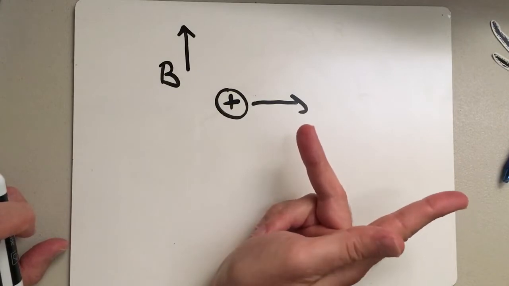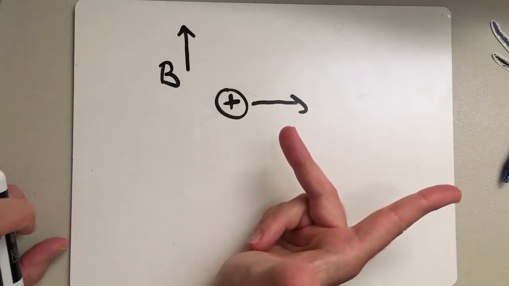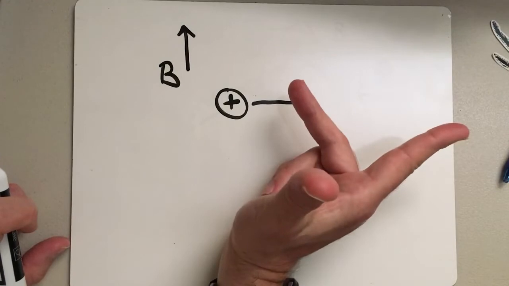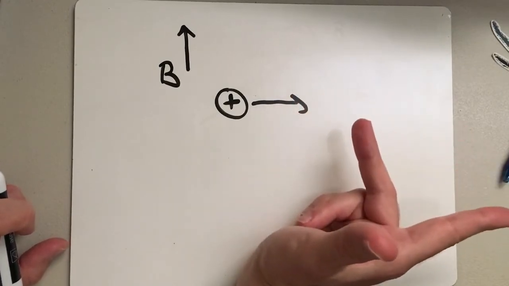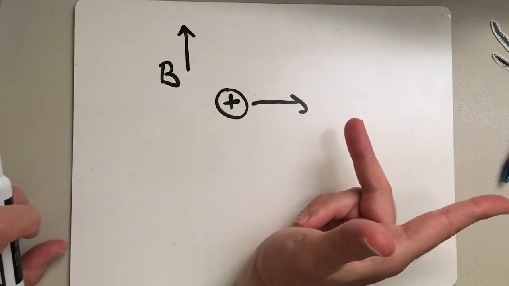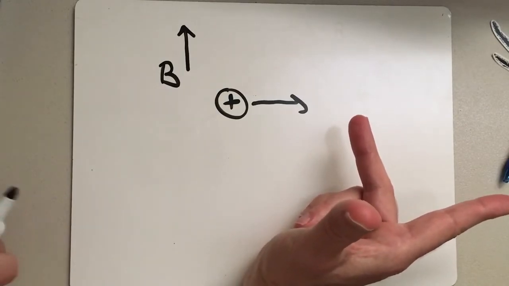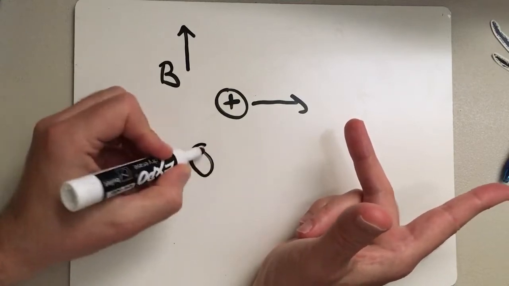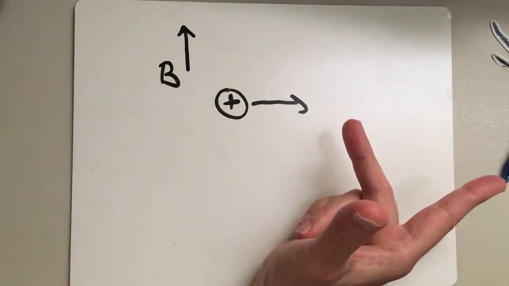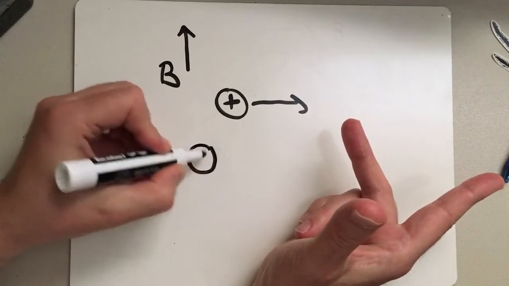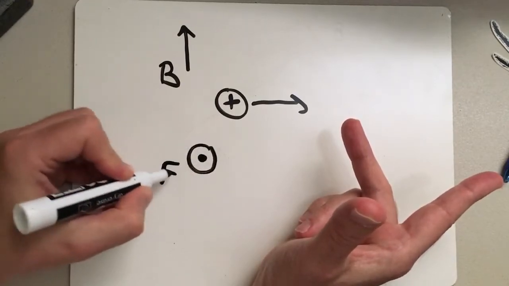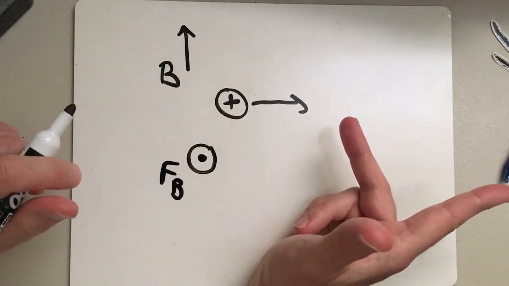And then you stick your thumb straight out, and your thumb is pointing in the direction of the magnetic force on that particle. So in this case, my thumb is pointing straight up, and so the magnetic force is straight out of the board.